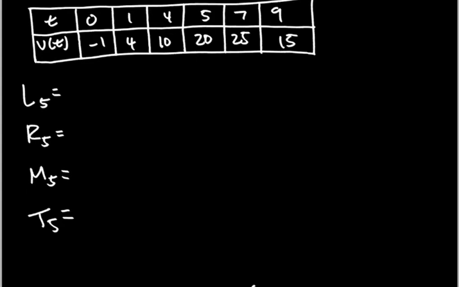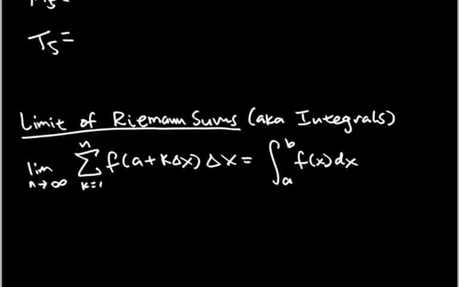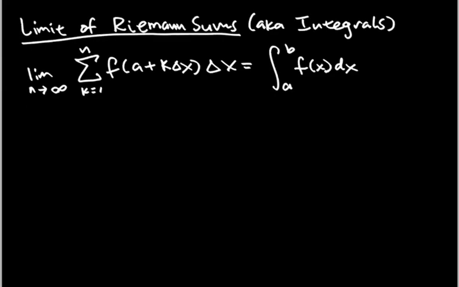Okay, now let's use Riemann sums to get something called integrals. So let's just do the integral from 0 to 1 of x squared dx. Basic integral, right?